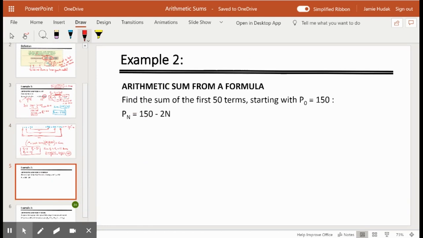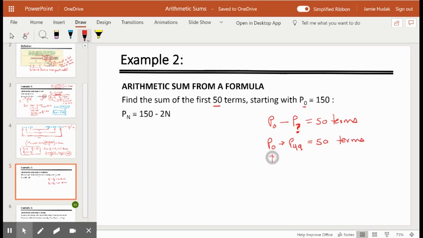Here, example 2 says that we're going to find the arithmetic sum from a formula. And it says find the sum of the first 50 terms, starting with P sub 0 equals 150. Well, P sub 0 through P what is going to be 50 terms. Remember, you have to consider that off by 1 in counting. So P0 through P49 is equal to 50 terms.